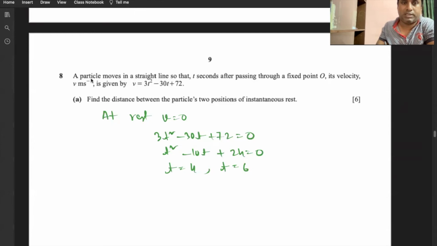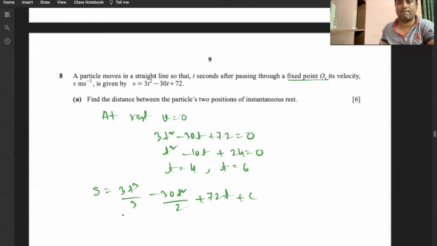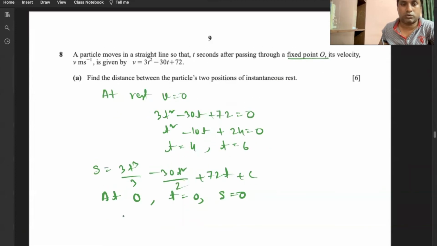Let us find S. S is 3t cubed by 3 minus 30t square by 2 plus 72t plus C. At O, t equals 0 and S equals 0. So S equals t cube minus 15t square plus 72t plus 0.